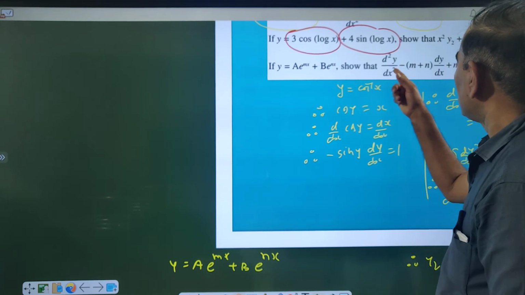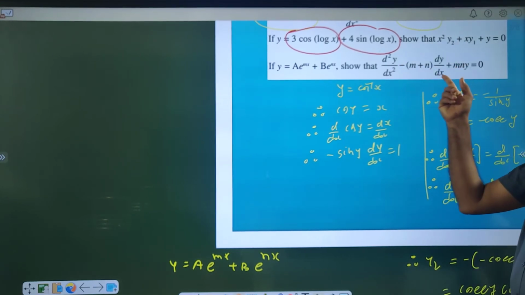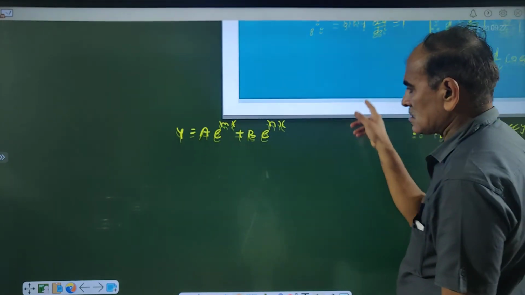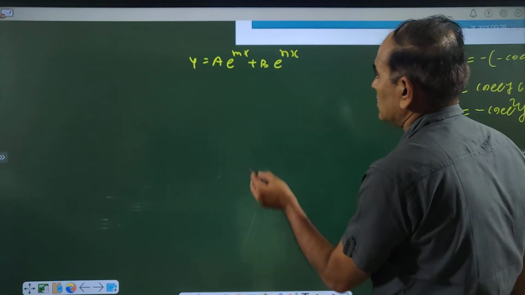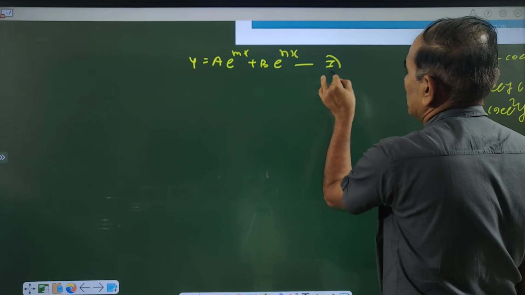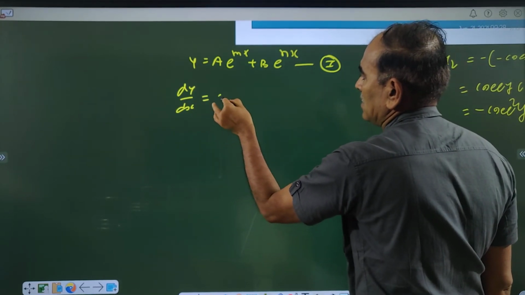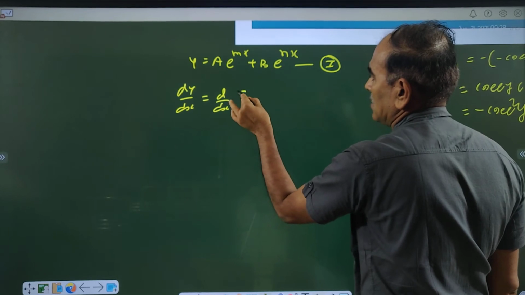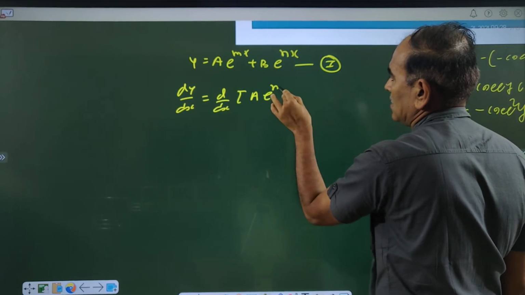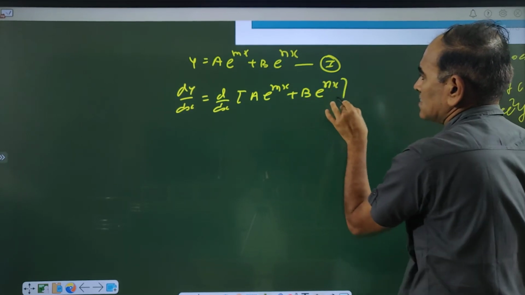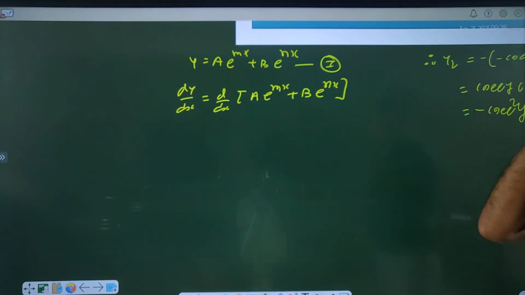Then what we want? y2 minus (m plus n) into dy by dx plus mn y is equal to 0. Exponential form is that. Say result number 1. Now differentiate it. dy by dx is equal to d by dx of a e raised to mx plus b e raised to nx.